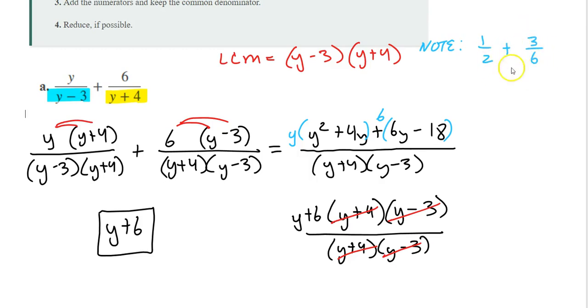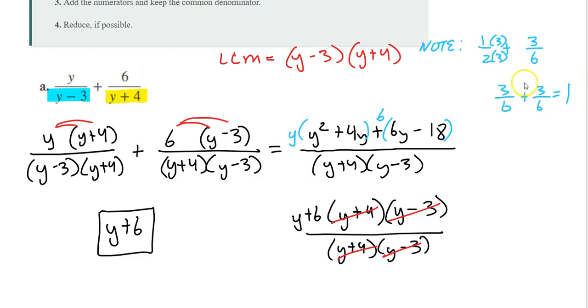If I want these to have the same denominator, I'm going to come back over here on this one and multiply everything by 3. And then you're going to end up having 3 over 6 plus 3 over 6. And yes, this whole thing would equal 1.